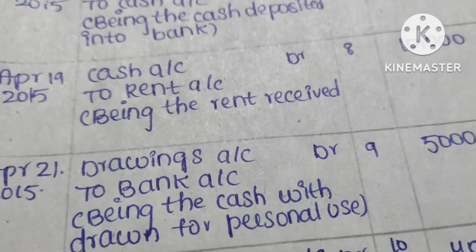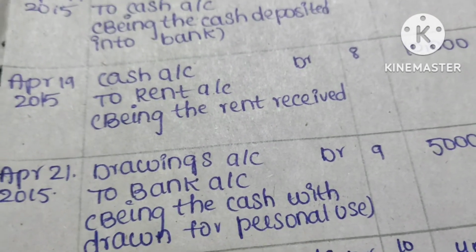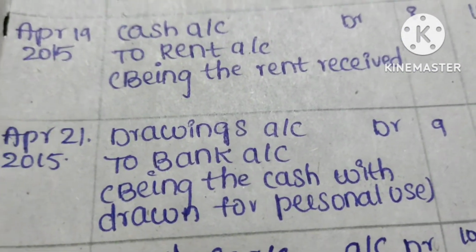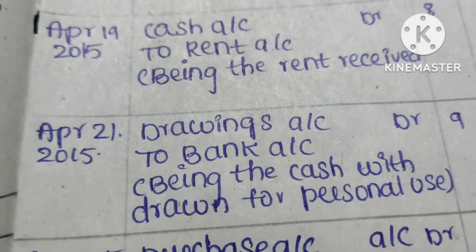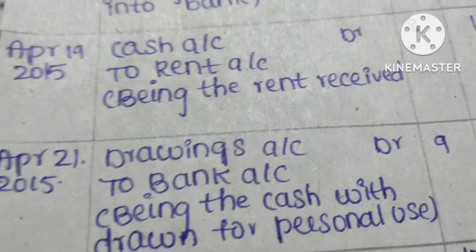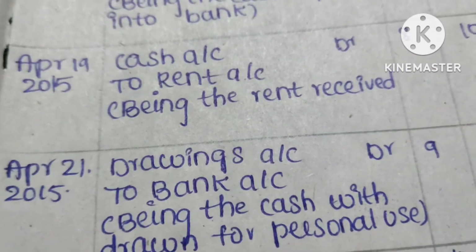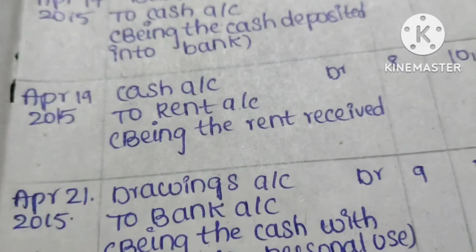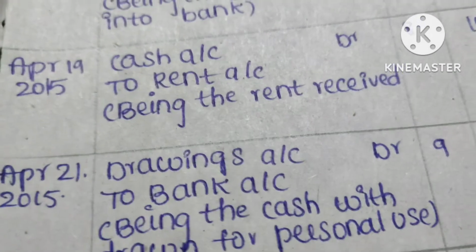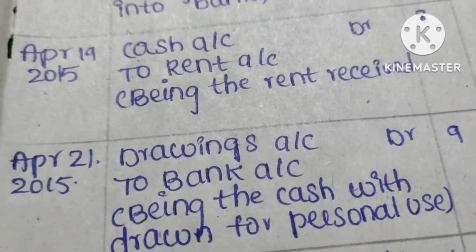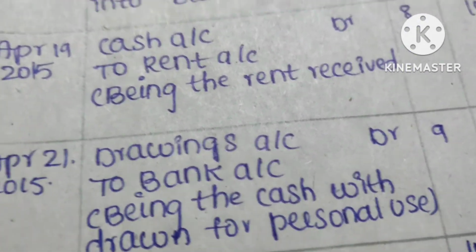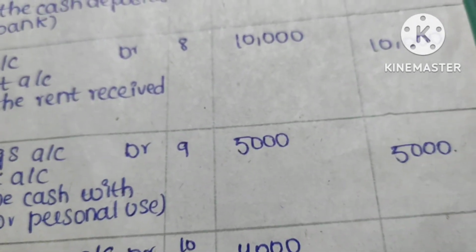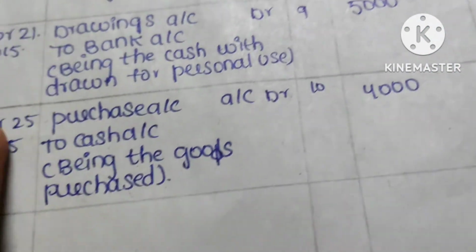When we withdraw cash for office use, we just write the cash account. So April 21st 2015, drawings account, because we are withdrawing cash, becomes debit. Our account will be debit and the bank account will be credit. The bank is giving, so the bank is a creditor. Being the cash withdrawn for personal use, as per the 9th ledger folio, 5,000.